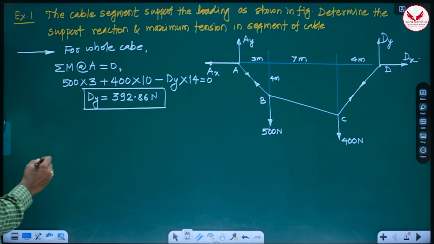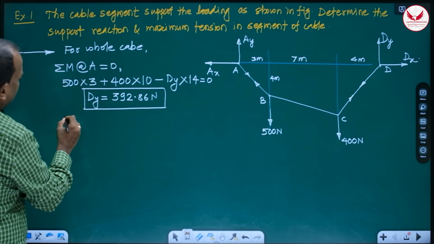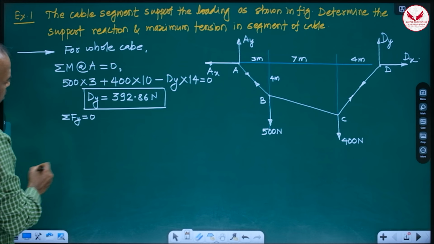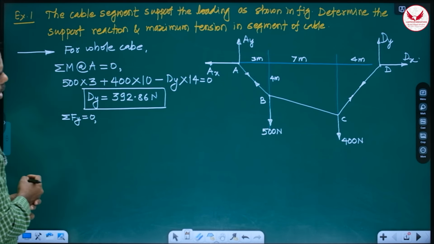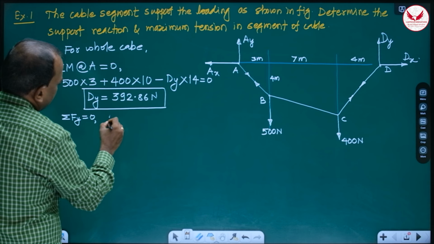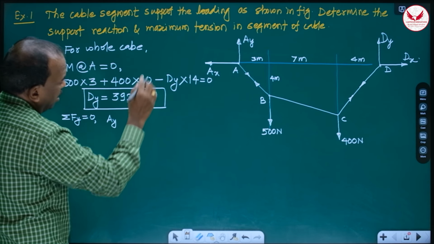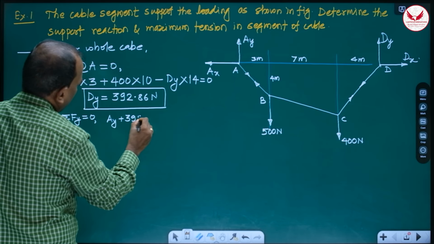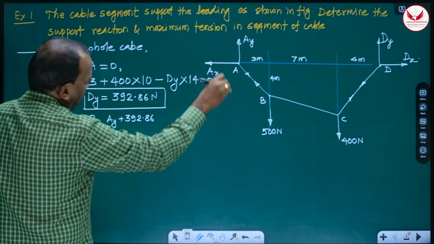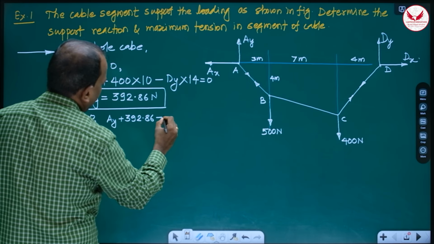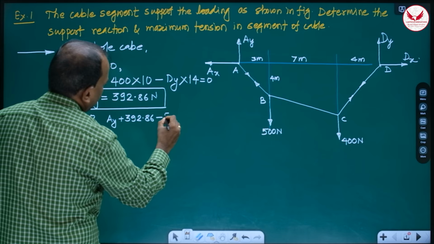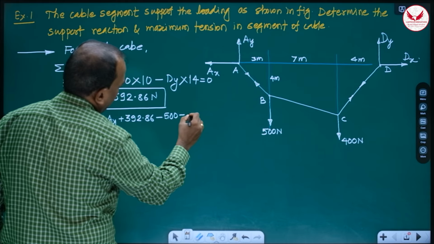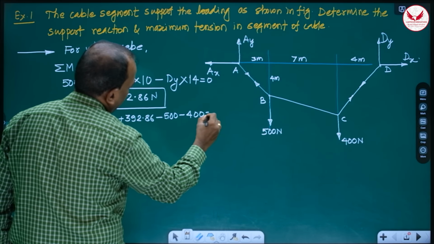Now if you use another equilibrium condition, summation Fy equal to 0, you get one more reaction, AY. AY upward plus DY, that is 392.86, and these two forces are downward, minus 500 minus 400, equal to 0.